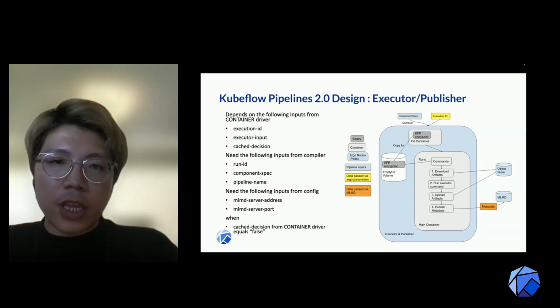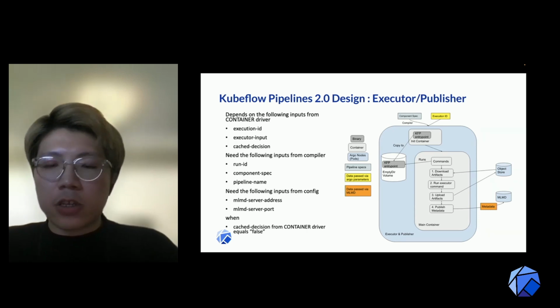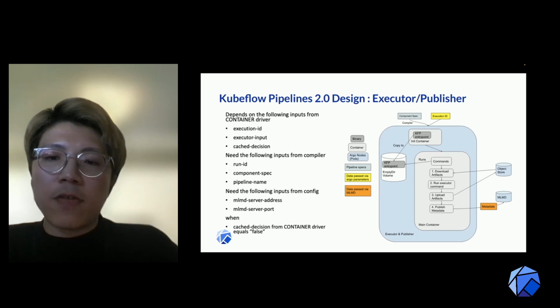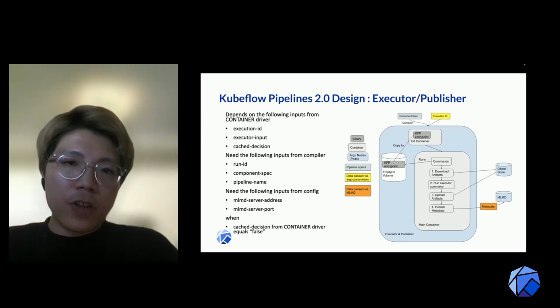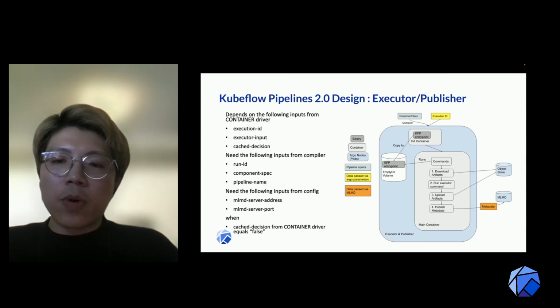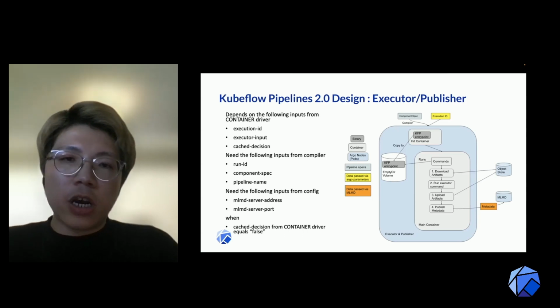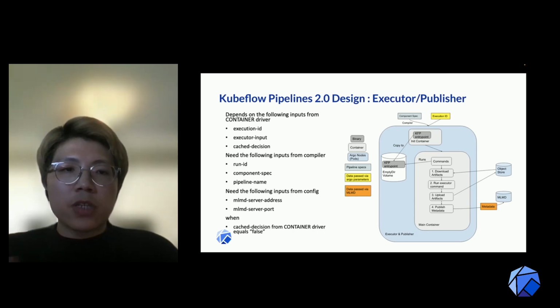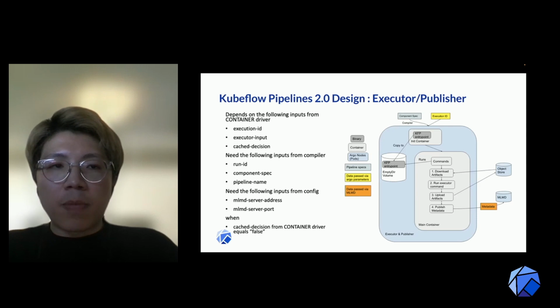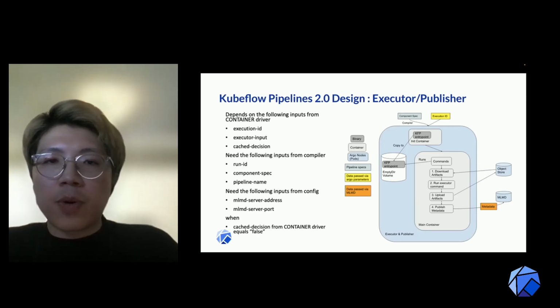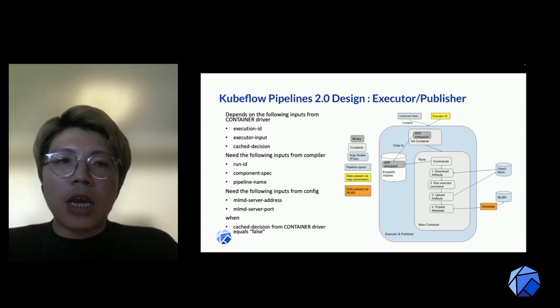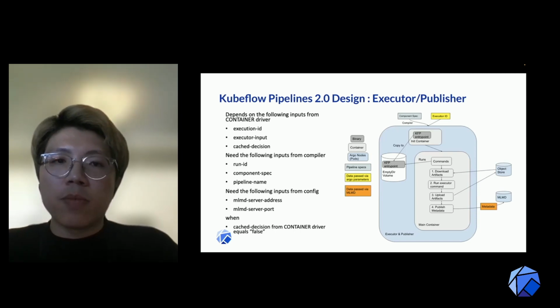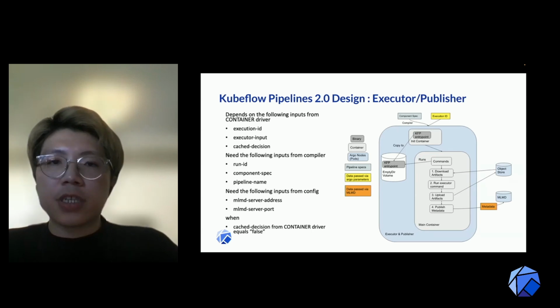Once the artifacts are ready, because the parameters are already replaced by the drivers, it just runs the executor command from there. And once the executor is finished, you're able to upload the artifacts to your object storage, and then publish all the metadata you produced for that task to MLMD. So this way, all the metadata and artifacts are handled within the Kubeflow Pipelines implementation, and we don't have to rely on any feature from Argo or Tekton in this new design.